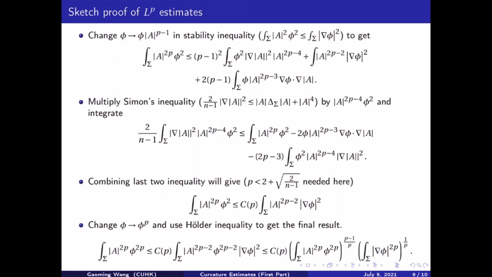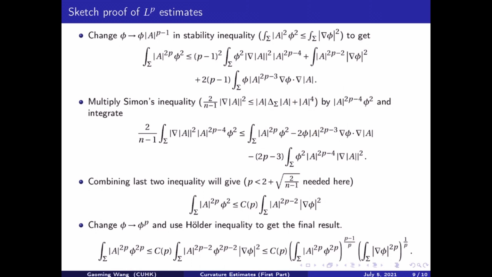In the second step, we multiply A^{2p-4} times φ squared to the Simons inequality and integrate on Σ. This term is just from the left side of the Simons inequality. This term here is just from this term. From this term, we need to integrate by parts to get the two terms here.